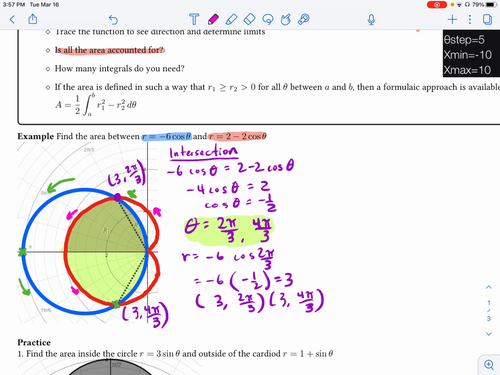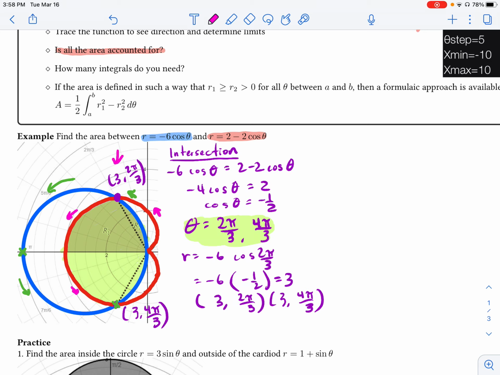You can also hit second trace and value, and put in something like 2 pi over 3, which we know is 120 degrees, and it'll place you right over here. If you switch over to the other graph, 2 pi over 3 also places you at the same point on the cardioid.